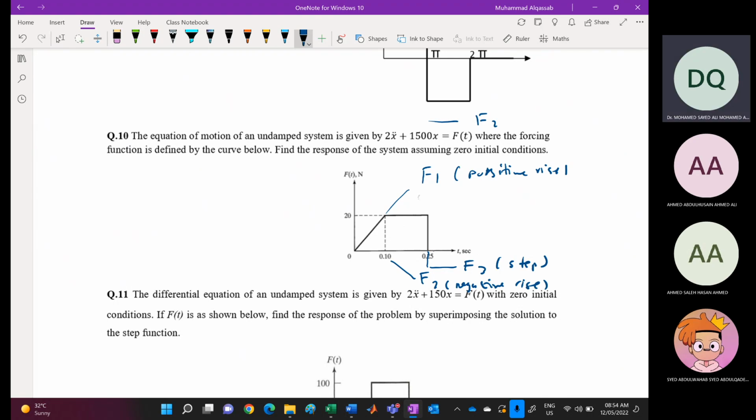The starting time for each one is different. F1 starts at t equal to 0, F2 starting time is 0.1, F3 starting time is 0.25.